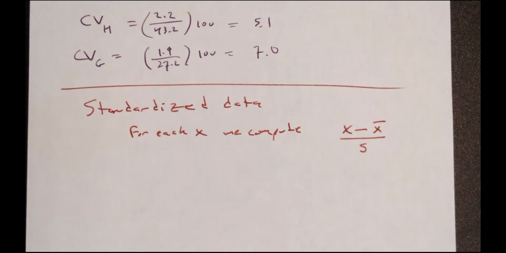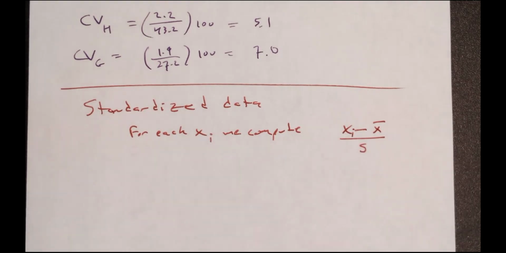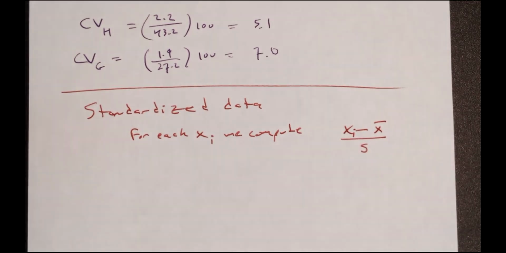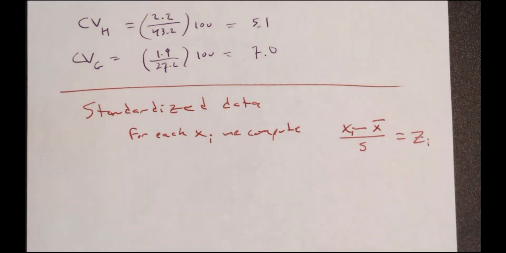Now, this is individual. So I would have the first data point, the second, I'm going to call this xi. And each and every one of my data values gives me now a new number. I'm going to call this number zi, lowercase z.